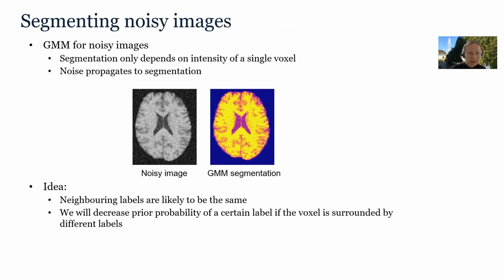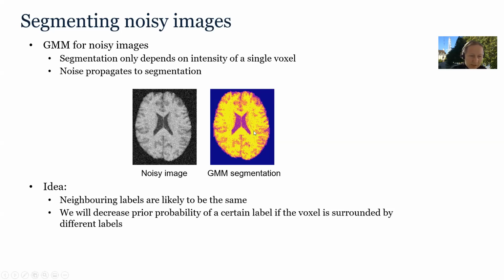Let's look at a different example now, and that's when we have a noisy image. In the previous example, we amended the likelihood. Now we will amend the prior. If we just apply a Gaussian mixture model to a noisy image, the segmentation will only depend on the intensity of a single voxel, and it is then expected that noise will propagate to the segmentation.